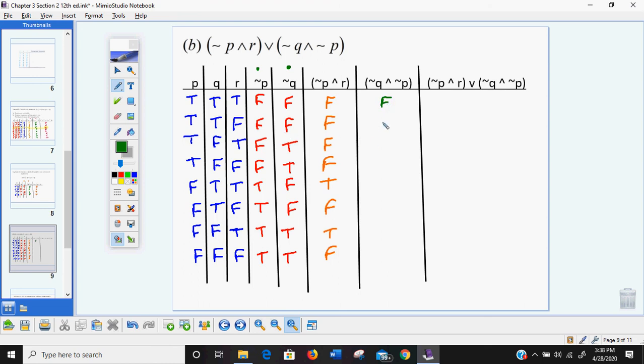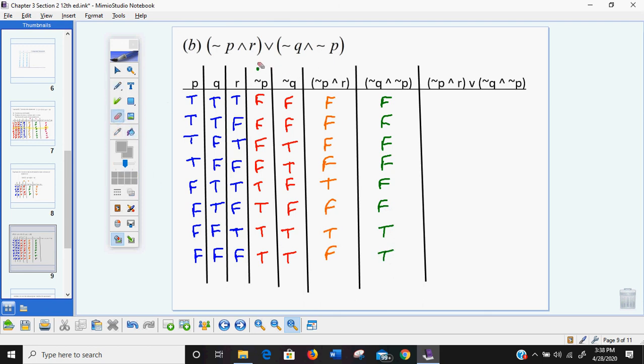Second row I have two falses, that's false. We're looking at the two red columns. The third row, one of them's false, so it's false. The fourth row, one of them's false, so it's false. The fifth row, one is false, so it's false. The sixth row, one is false, so it's false. And rows 7 and 8 are both true.